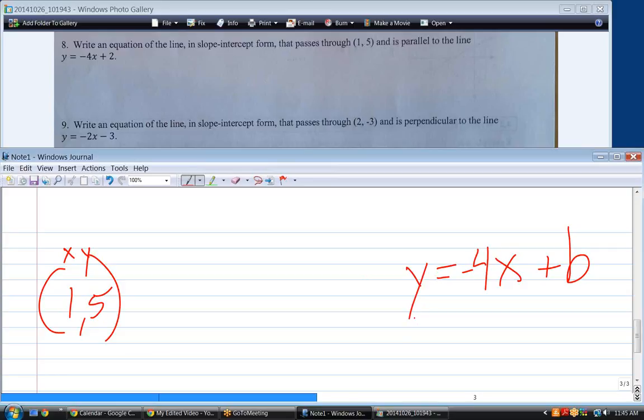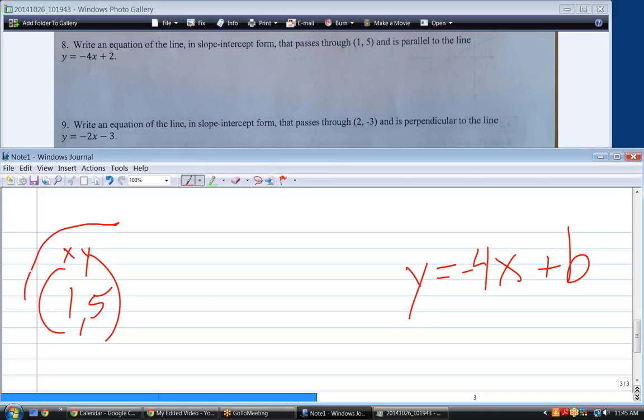So what's the next line? The next line would be y is equal to... I'm going to substitute this point for x and y. Let's say it one more time. Listen to my words.